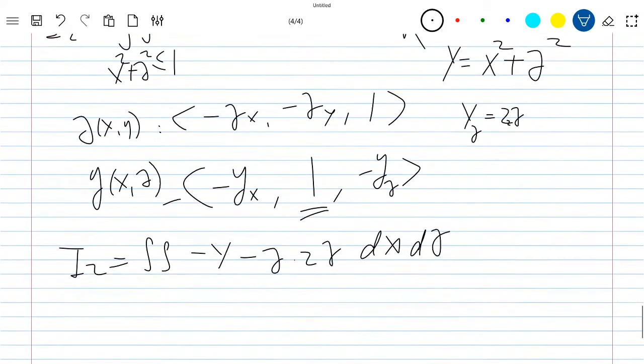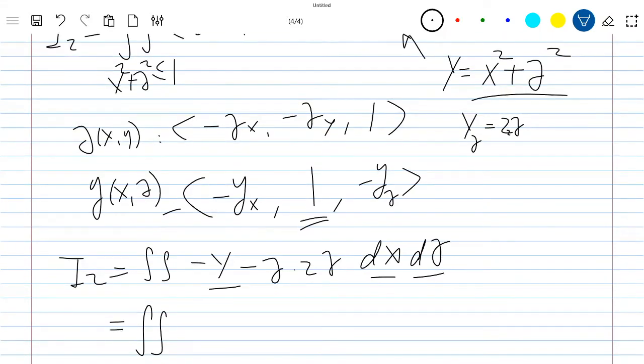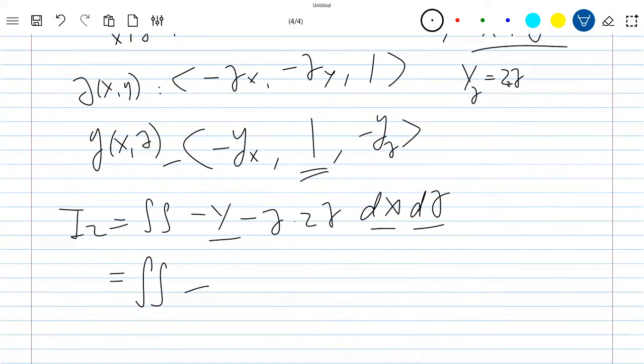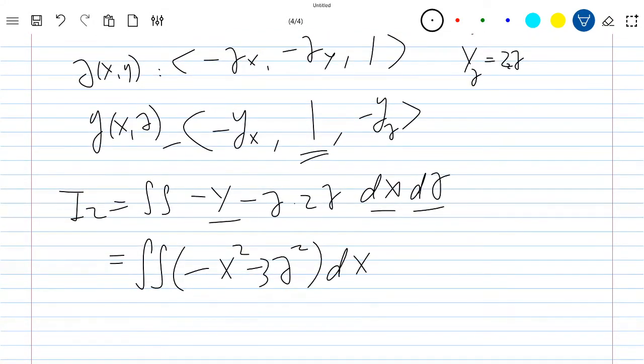Okay, and how do we do that? We have x and z, but we don't have y. What is y? y is x squared plus z squared. So this is negative x squared minus z squared, and another minus 2z squared, so minus x squared minus 3z squared. That's a lot of negative signs. Then you have dx dz, over that circle.